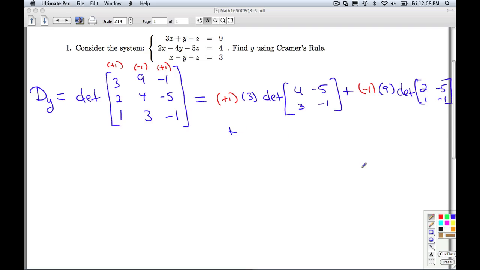And then I add to that a positive 1 times a negative 1, times the determinant of the 2 by 2 matrix I get removing the row and column here, 2, 4, 1, 3.